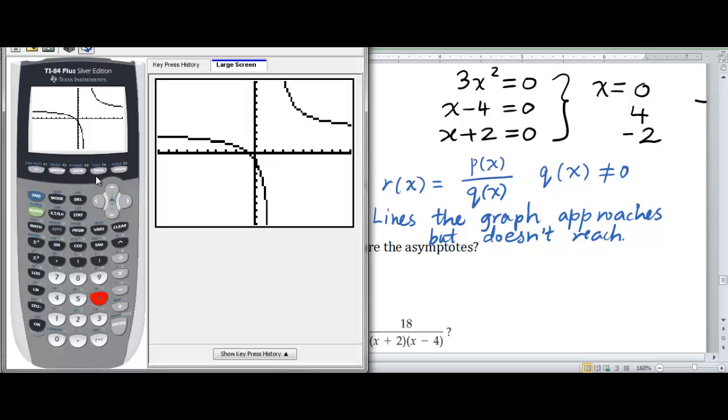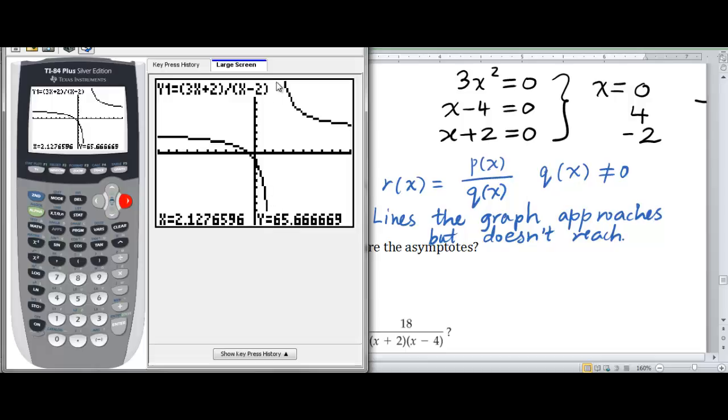So if I hit trace, you just keep going down and down, and my x value is 1.4, 1.7, 1.9, and then it jumps. Did you see that? From 1.9, the y value is very small, negative 91, but then when it jumps to above 2, it goes up to 65.